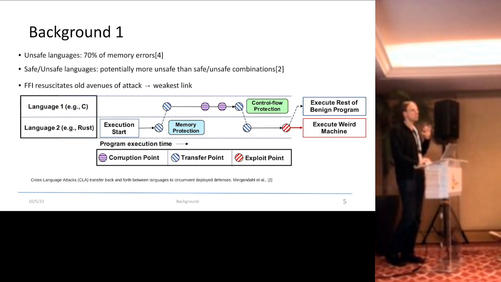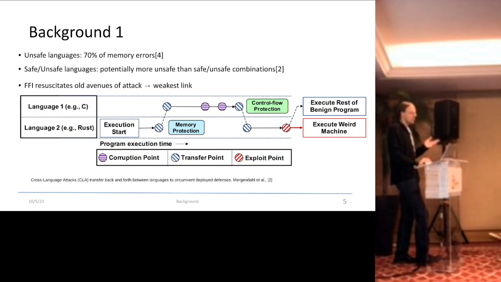So you have to trust the code that you call, but the code that you call also has to adhere to a lot of conventions to keep the safety guarantees from the caller.